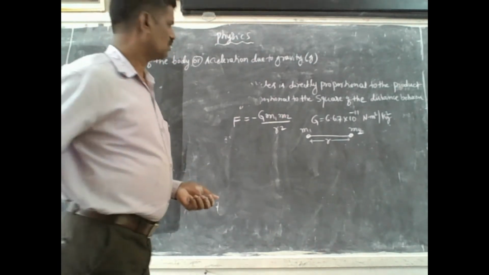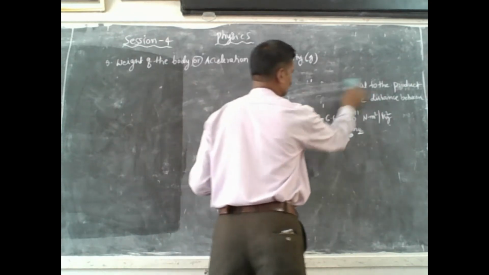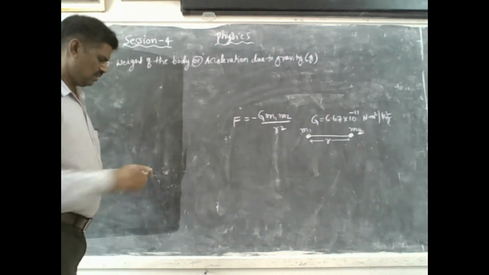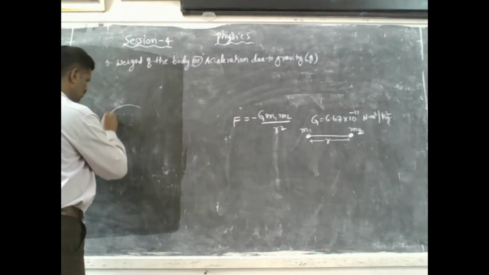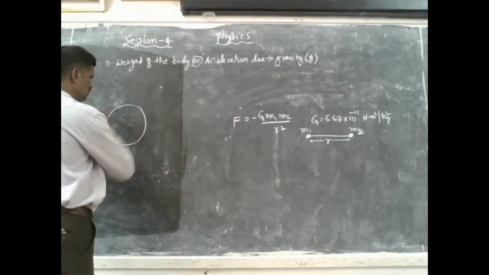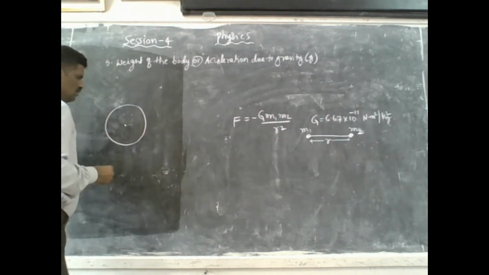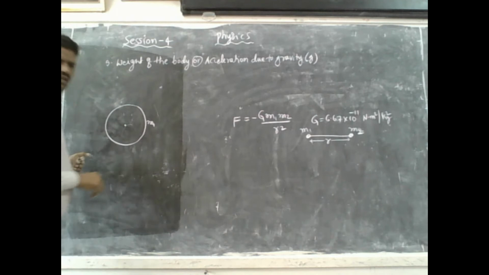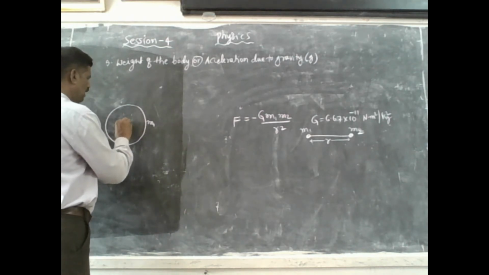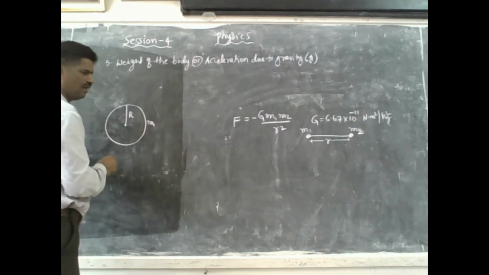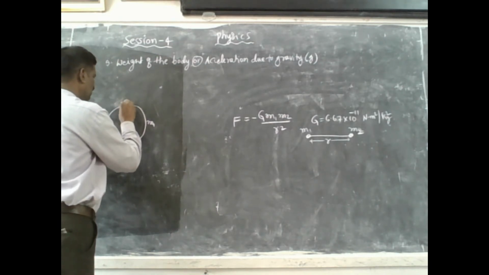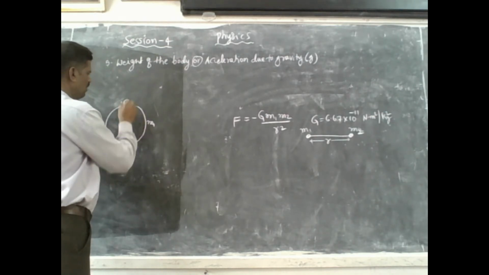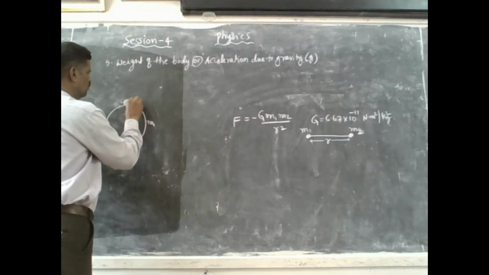So here, suppose one body of mass m1 and having a radius r, and another body m2 which is kept on the first body m1, isn't it?